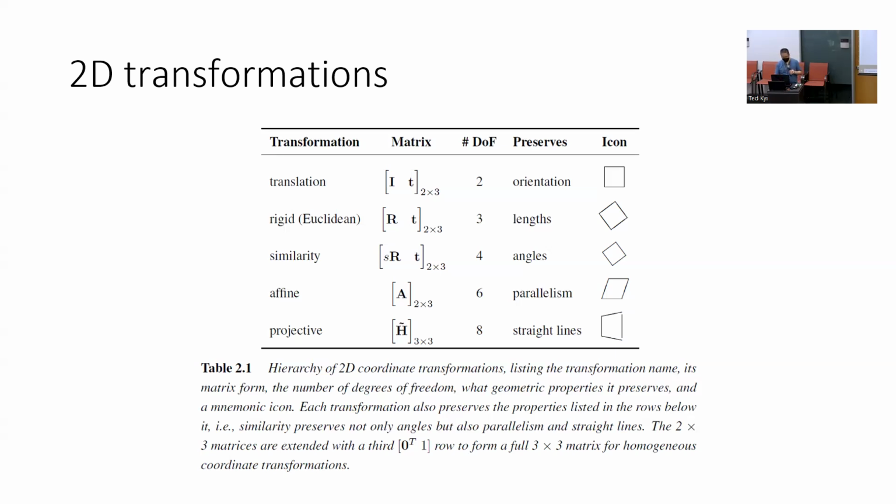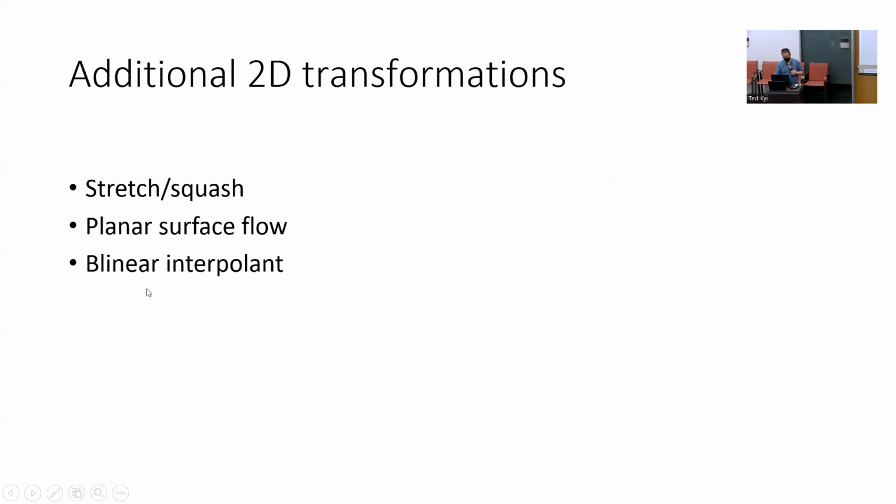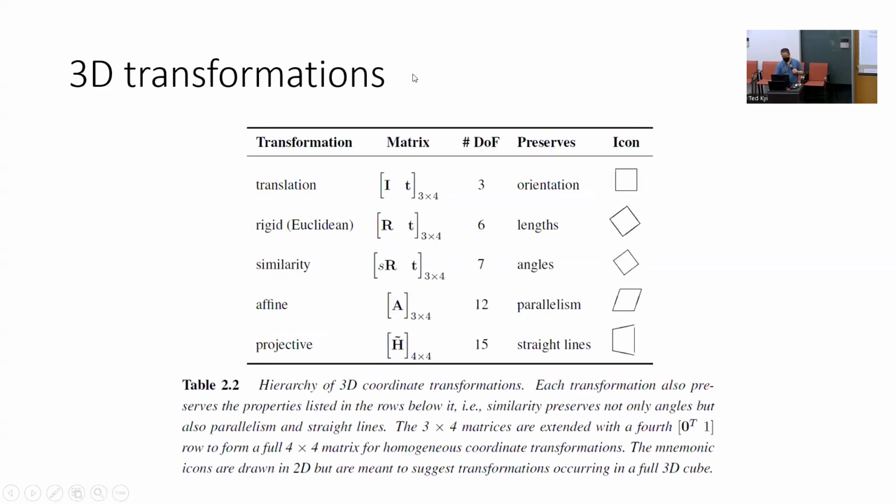All right. So we can do the same thing with these 2D objects that we do with 3D objects. Oh, sorry. There's a couple other things they mentioned briefly. Stretch squash, planar surface flow, bilinear interpolant. You can do the same thing in 3D, and basically we see the same thing here.